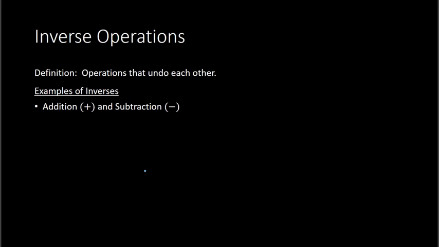Adding and subtracting will cancel each other out. Now with multiplication, the inverse operation would be division. Those two operations undo each other. Now this is important to understand as we begin solving equations, because to solve, I need to do an inverse operation of some sort.